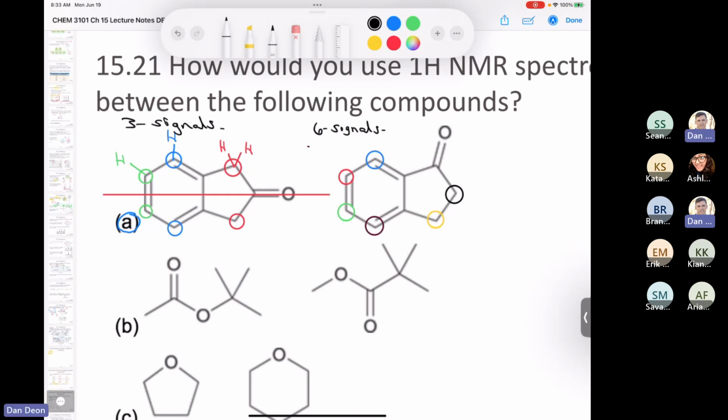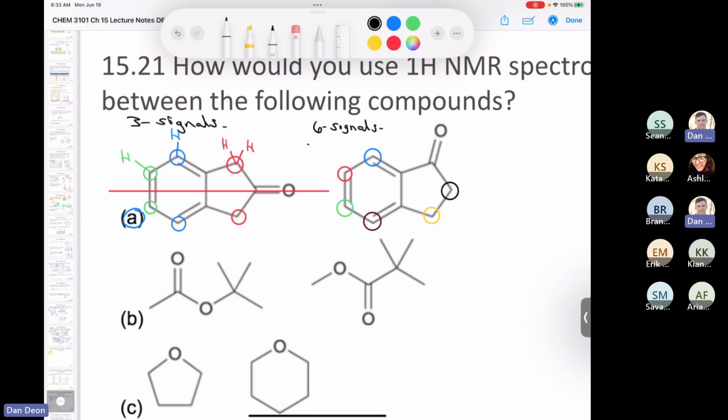Okay, cool. So let's look at the next 2. What functional group is found in the compounds in B? What functional group do we have in the compounds in B? The same functional group in both of them.